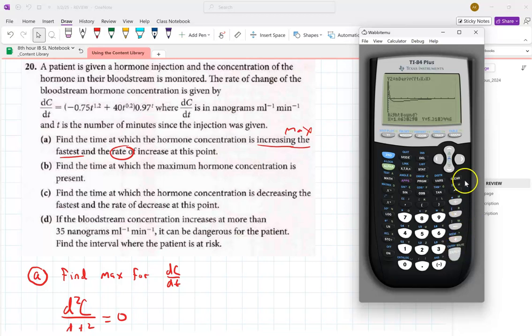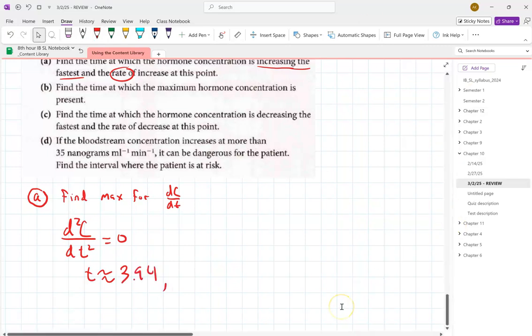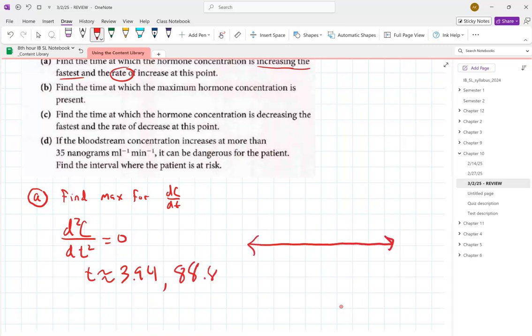So 3.94. And the other one, I already did it, so I know it's 88.8. So I'm just going to draw a sign diagram here, 0, 3.94.